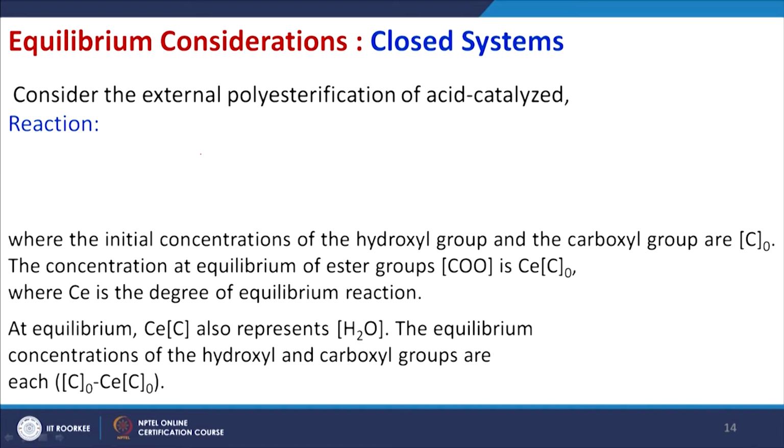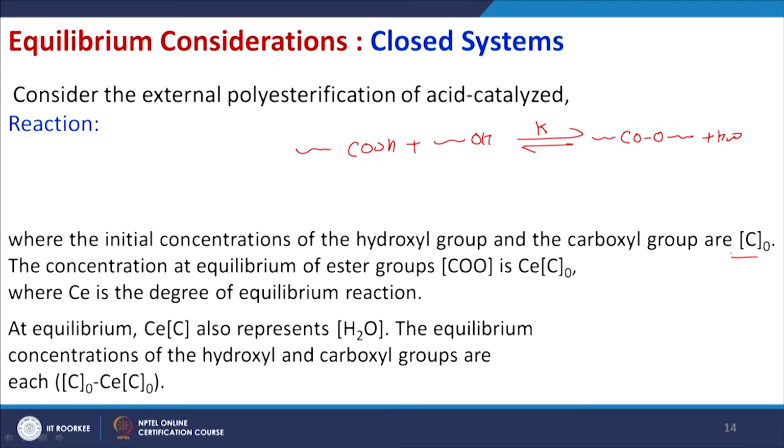Now, let us consider the external polyesterification of acid catalyzed reaction, which is represented as COOH, OH, plus H2O. Here the initial concentrations of hydroxyl group and carboxyl group are represented as C naught.